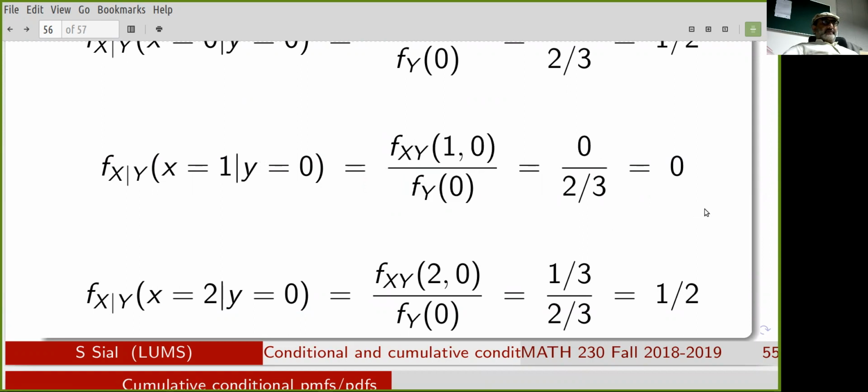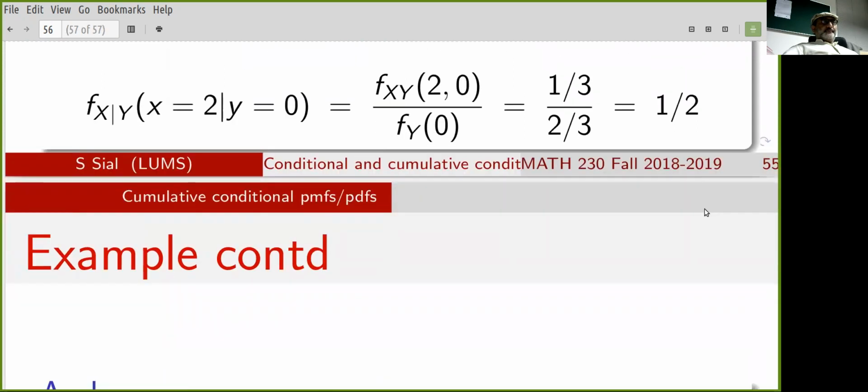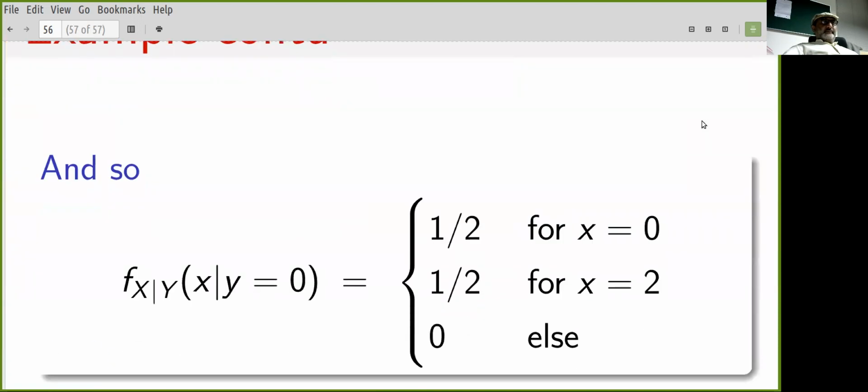That's 0 over 2/3, which is 0. And the conditional for x given y when x is equal to 2 and y equals 0 is the joint evaluated at 2, 0 divided by the marginal at 0. That's equal to 1/3 divided by 2/3, which is 1/2.